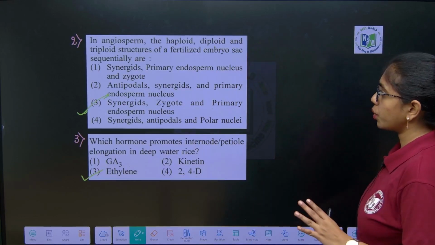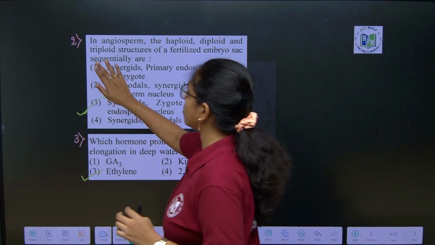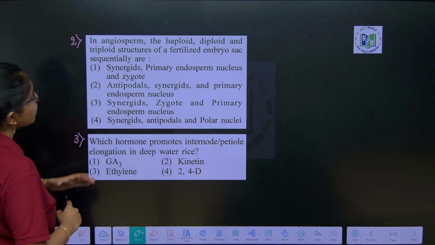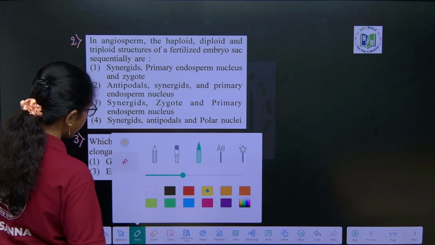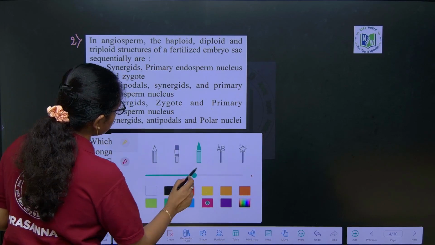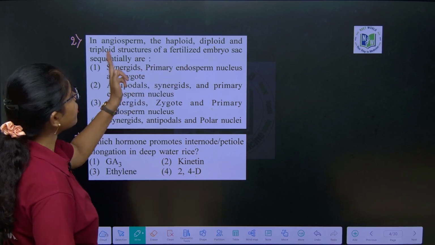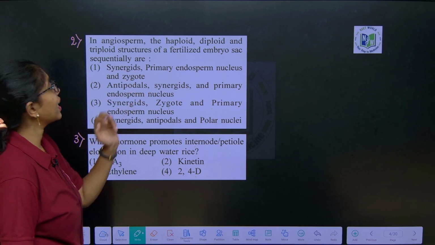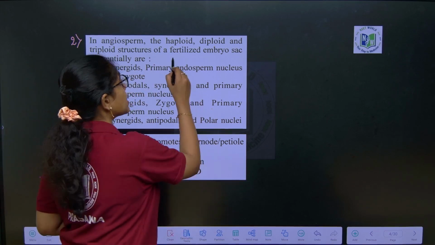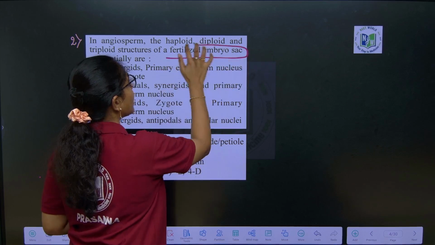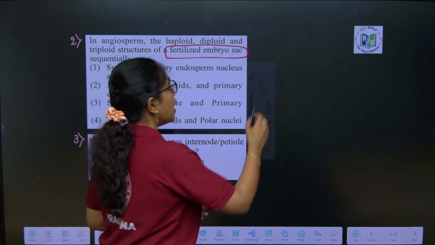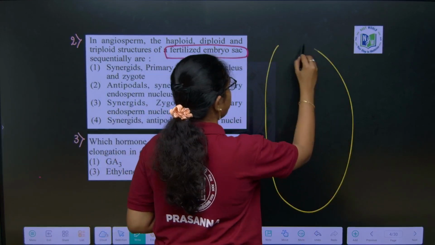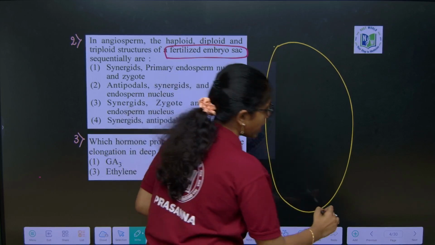Next question, if you look into, in angiosperms, the haploid, diploid and triploid structures of fertilized embryo sac. He is asking you of a fertilized embryo sac. Do remember, an embryo sac has two ends, right?